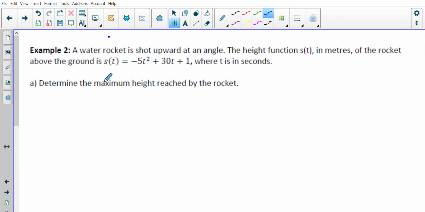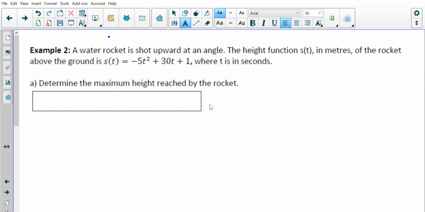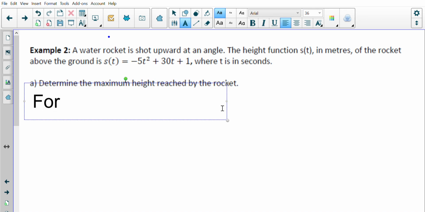For the max, we have s prime of t equal to 0, because that is when our velocity is equal to 0.